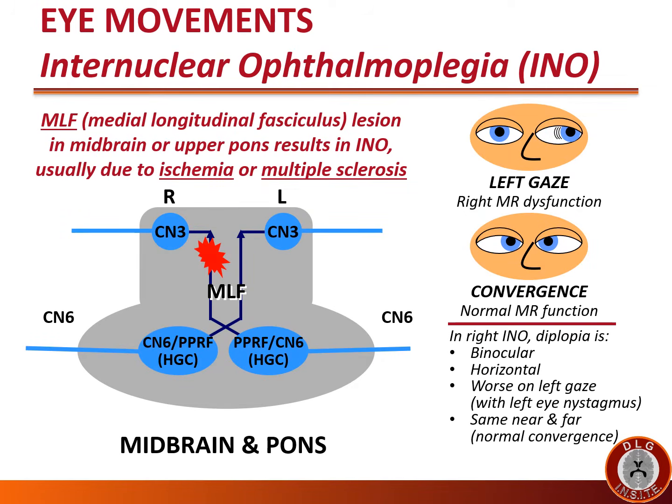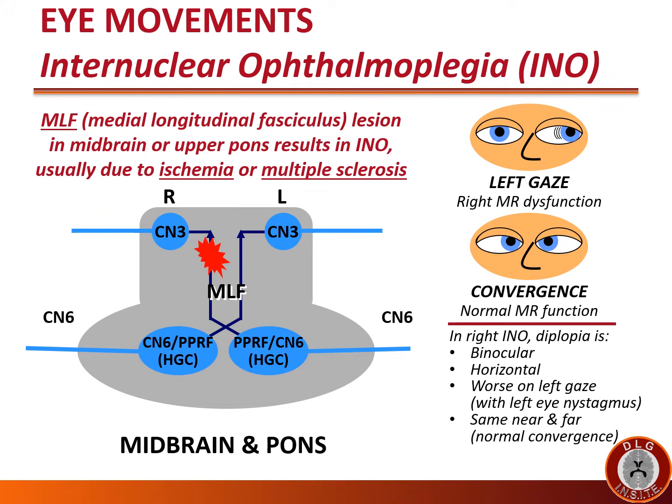Another possible cause of horizontal diplopia is internuclear ophthalmoplegia, or INO, so named because the lesion is between the nuclei of cranial nerve 6 and cranial nerve 3. In other words, it involves the medial longitudinal fasciculus, or MLF.